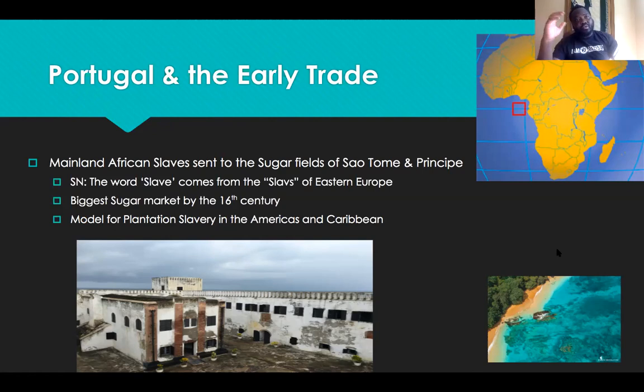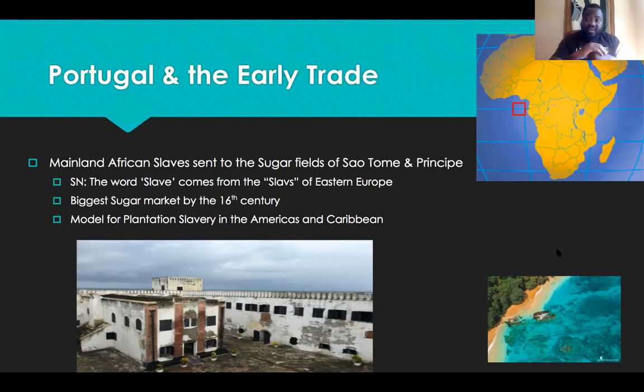So the Portuguese, a much smaller economy compared to its neighbors at the time, was eager to get out there and find resources and sort of enrich itself as an empire.